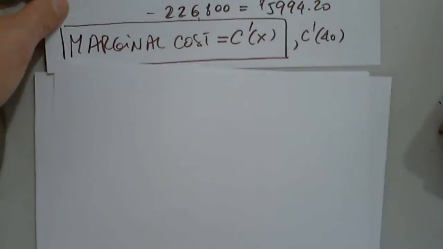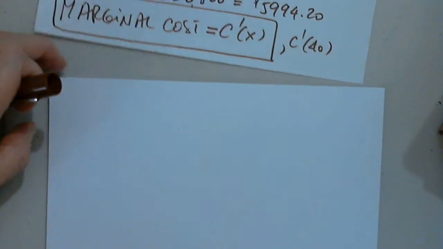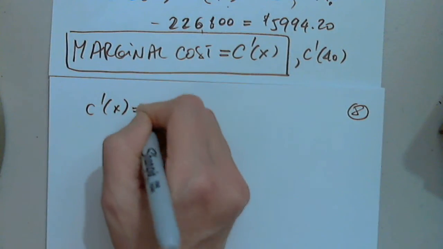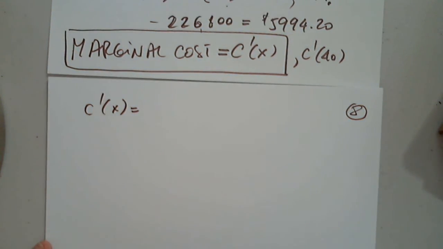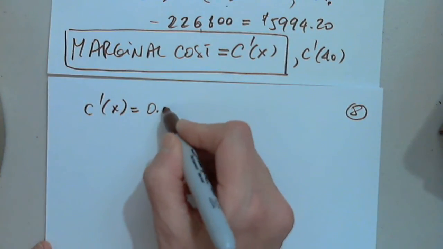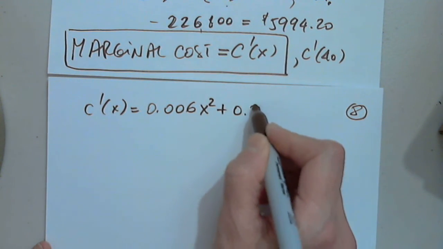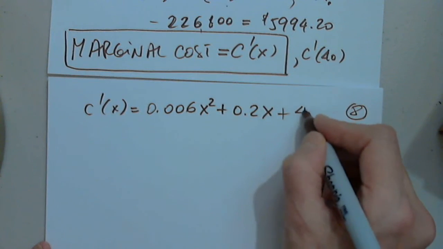Okay, so let's find C prime first. C prime of x is 0.006x squared plus 0.2x plus 42.